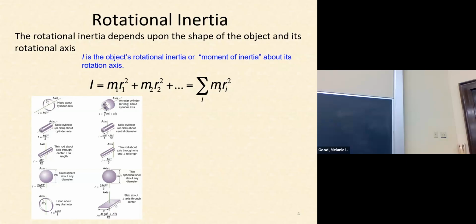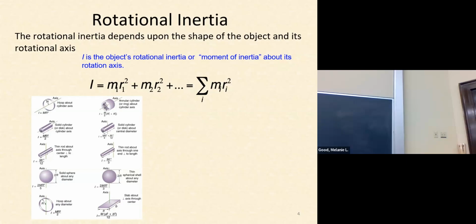And so somebody has already done that for me, and they've said, okay, if you have a slab and you rotate it about this axis, then the moment of inertia could be found by taking, I know it's kind of small for those in the back, but this says the mass of the object times the width squared plus the length squared, divided by 12. So, you know, the longer this thing is, the larger its moment of inertia is going to be, right?